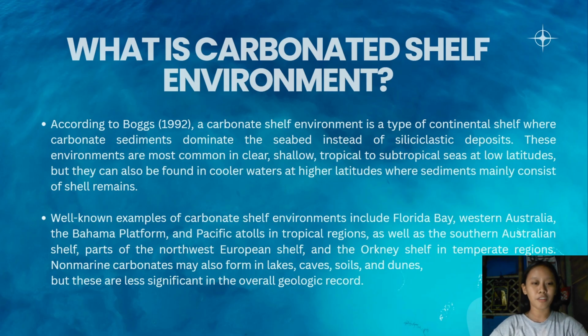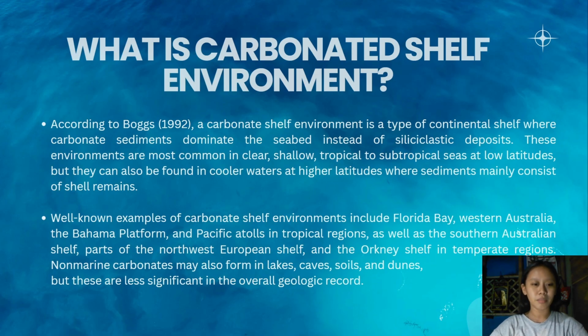Well-known examples include Florida Bay, Western Australia, the Bahama Platform, and Pacific atolls and tropical regions, as well as the Southern Australian Shelf, parts of the Northwest European Shelf, and the Orkney Shelf in temperate regions.